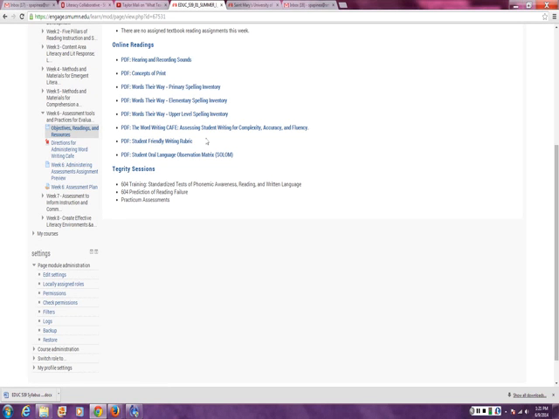The next assessment you'll be giving is the student-friendly writing rubric, which is what you're going to use to analyze a writing sample from your student. You're going to have the student write for 10 minutes on a prompt given to them by you, or self-selected, depending on how well you know the student. Try to get something they're interested in writing about and that they can actually write about for 10 minutes.